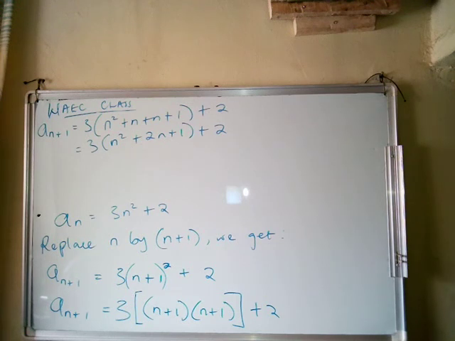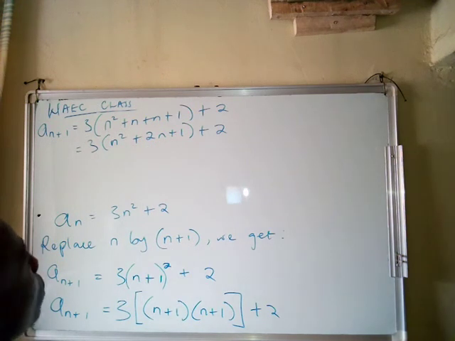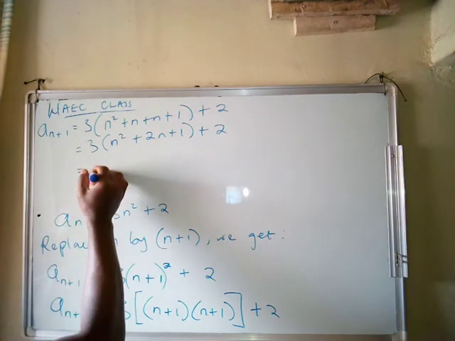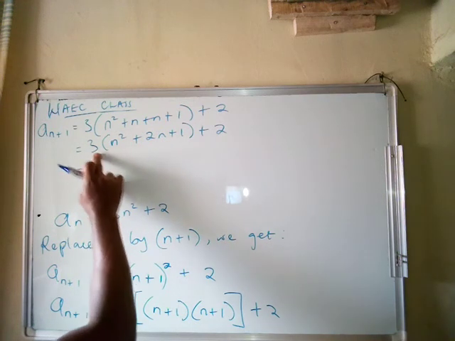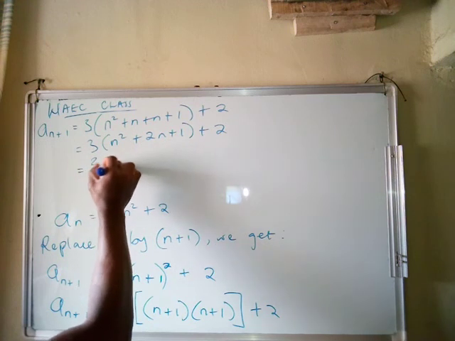Okay, so you see it is now a quadratic equation, not so? Good. So at this point, you can safely use 3 to multiply all of this, right? So we have 3n squared.